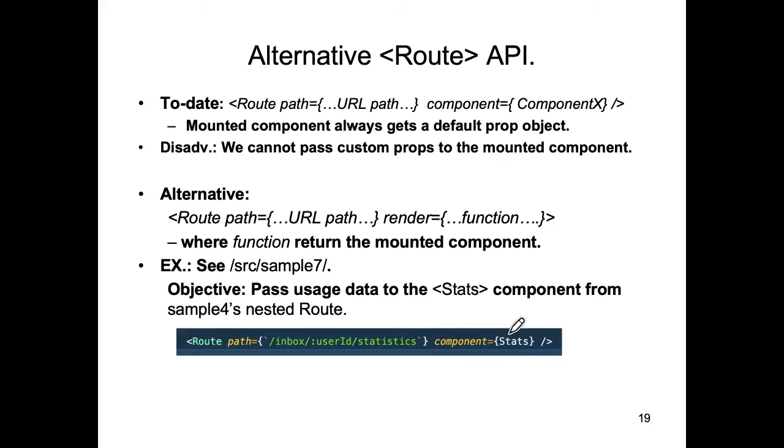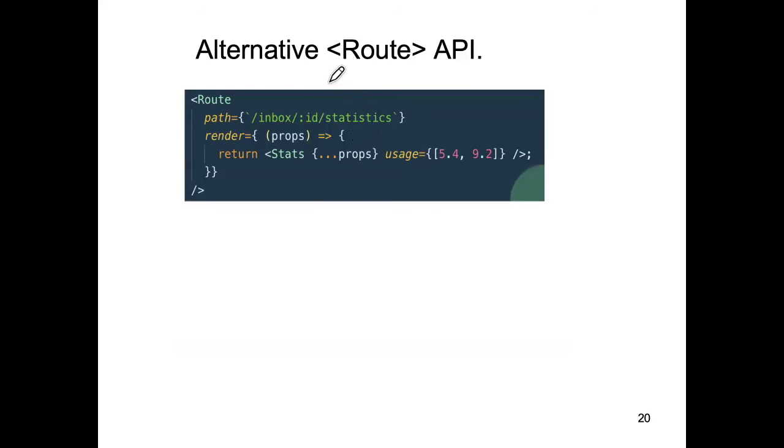Now, supposing I've done some adaptation of my application, and I want to pass some additional custom props down to the stats component. So I need to change how I've implemented this route. So here's my rewrite or my update to my route implementation. The path is the same, but now I'm using the render prop, and as required, I'm passing it a function.